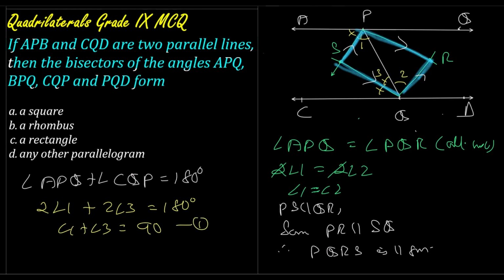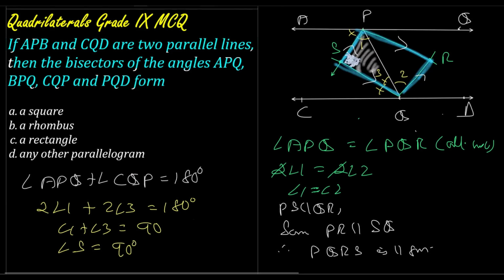Now look into this triangle. You can see that in this triangle the sum of two angles is 90 degrees. So the third angle has to be 90 by property. We know that the sum of three angles of a triangle is 180 degrees, so if two of them sum to 90, the third will be 90. So angle S is equal to 90 degrees.